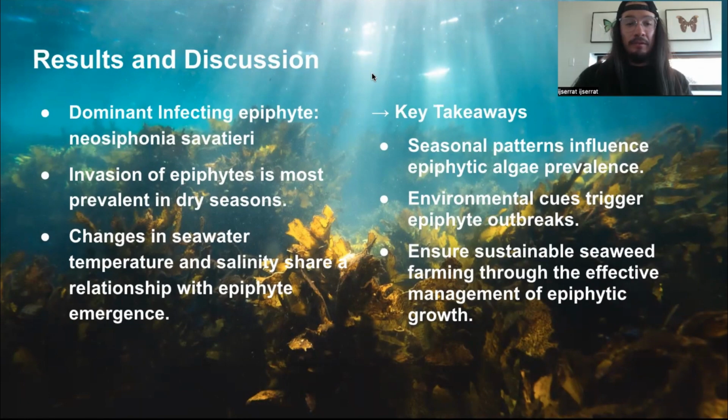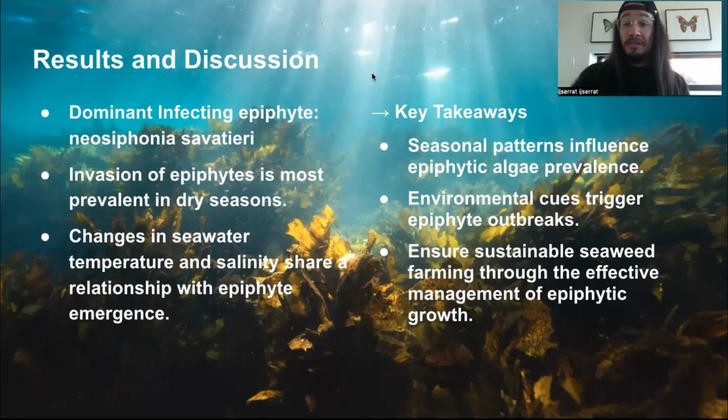Going off our materials and methods, some of our results tell us that the dominant infecting epiphyte was Neosiphonia saviteri. We also found that invasion of epiphytes is most prevalent in dry seasons, and that changes in seawater temperature and salinity share a positive relationship with epiphyte emergence.